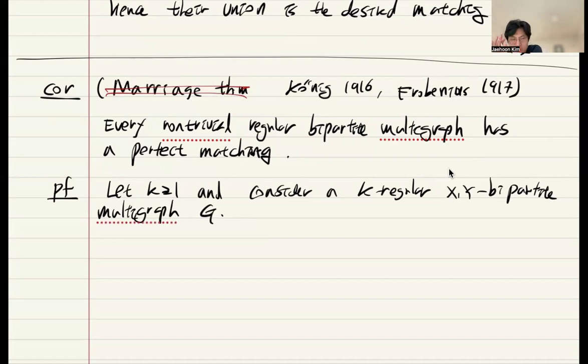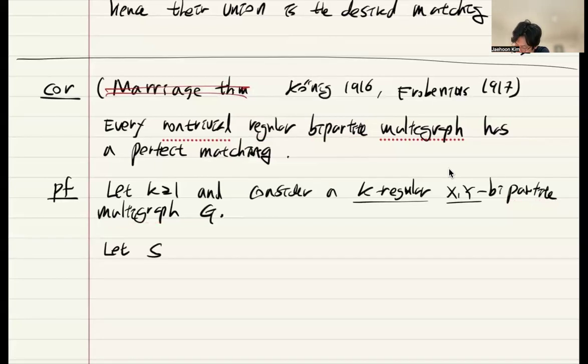And in order to prove the existence of a perfect matching, we want to show that it satisfies Hall's condition. To be more concrete, if we have a k-regular bipartite graph, then it's easy to check that X and Y have the same size. But this is not really required, as the following lines actually imply that.